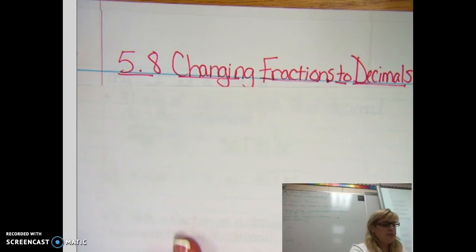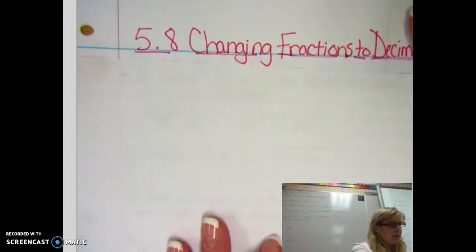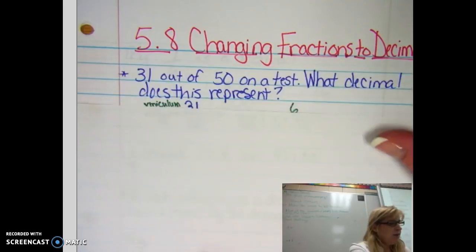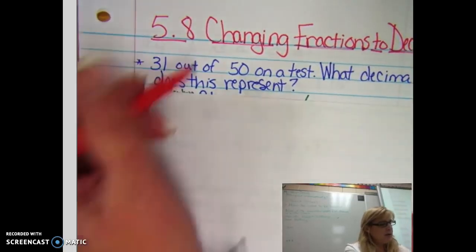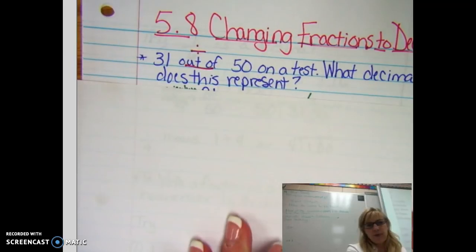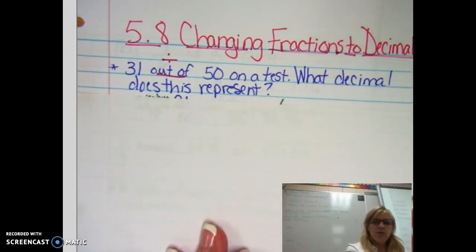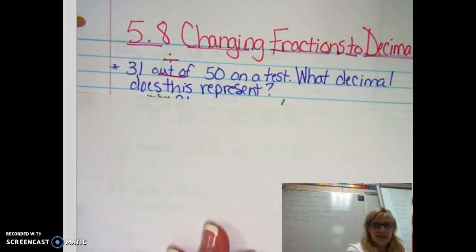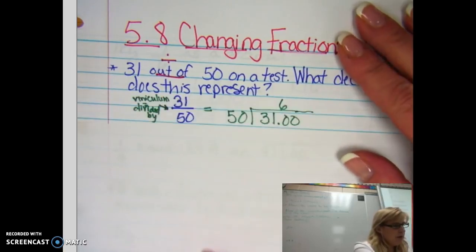I've used some words previously when we've written fractions. You'll remember the word vinculum. What we're going to talk about today is the word "out of," and this "out of" also means divided by. So if you got 31 out of 50 on a test, what decimal does this represent?